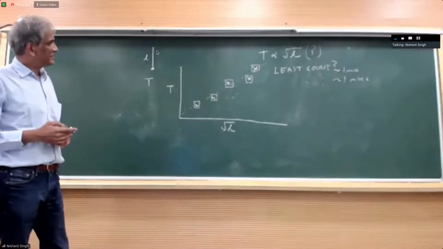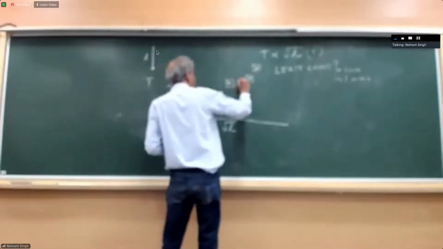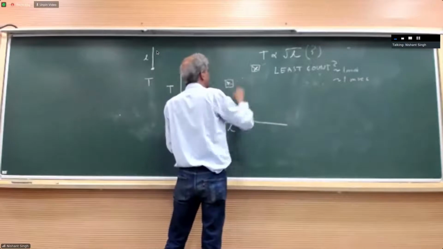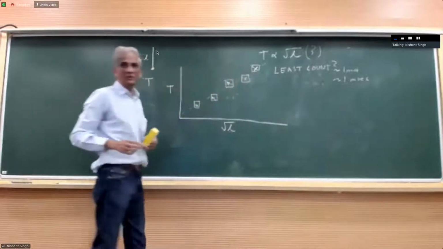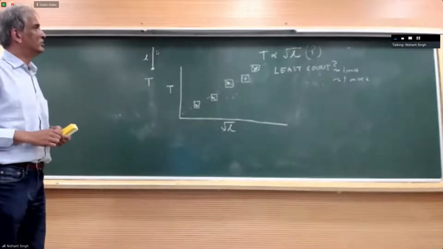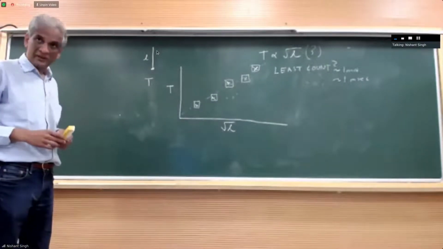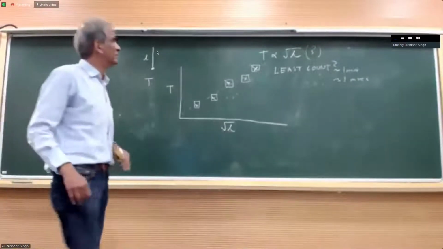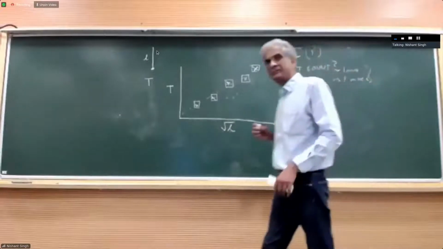Then I would say that if my line passes through all these boxes, let me push it here so that it does pass through it, then I would say, oh, T is proportional to L, so T is proportional to root L, with a caveat, with a warning, that this is done for a least count of 1 millimeter and 1 millisecond.